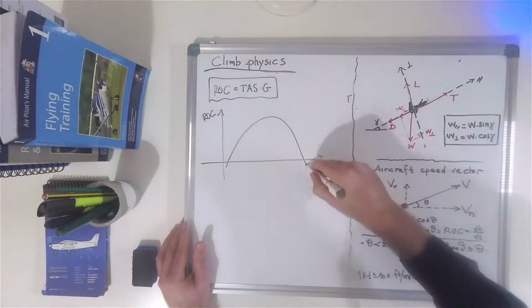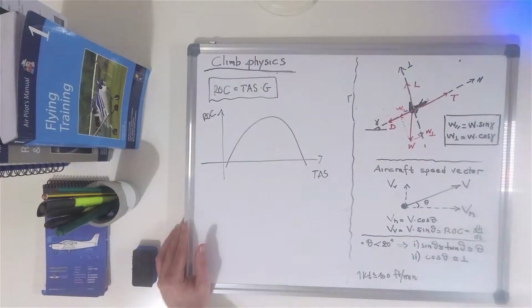I'll make it again. It has that form. So we can see that the rate of climb is a function of true airspeed and the climb gradient, but climb gradient is also a function of excess thrust, which in turn is a function of speed. From the last graph it is also clear that the tangent from the zero point gives the maximum climb gradient.